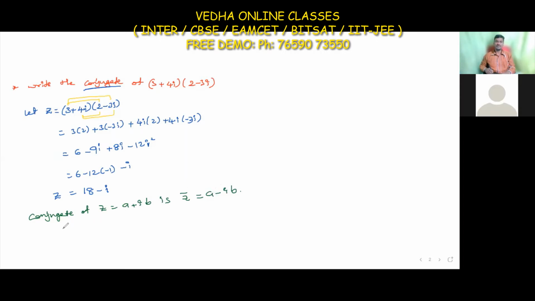So the conjugate of z, which is 18 minus i, is z bar equal to 18 plus i. This is the required conjugate. Understood?